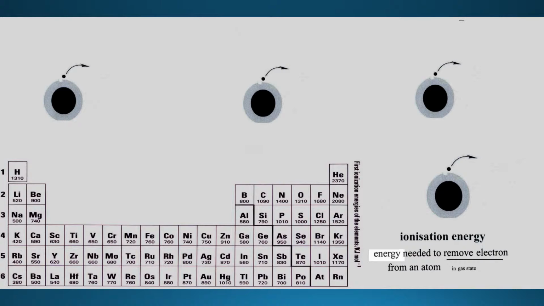Now let's look at three atoms and their ionization energy. But before we talk, we have to mention energy, because you need energy to remove an electron. Student, please understand one concept. In our surroundings, there is already a lot of energy.